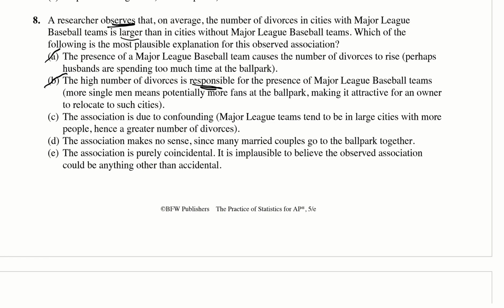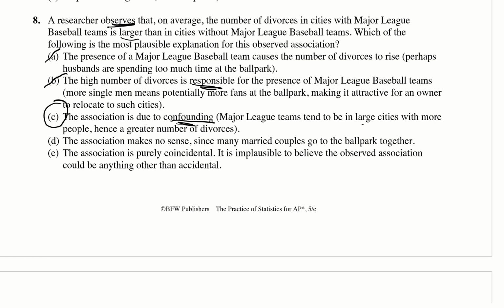All right, so the association, so this is an association, so that's correlation, so that's good so far, is due to confounding. You have other variables at play. Major leagues tend to be in large cities with more people, hence a greater number of divorces. That is a good explanation, and it's explaining the idea of confounding.